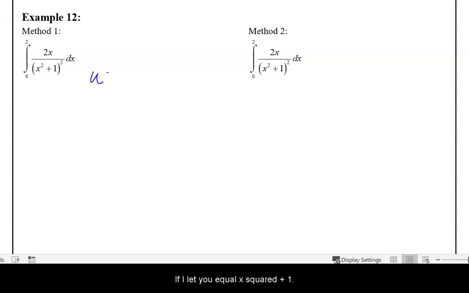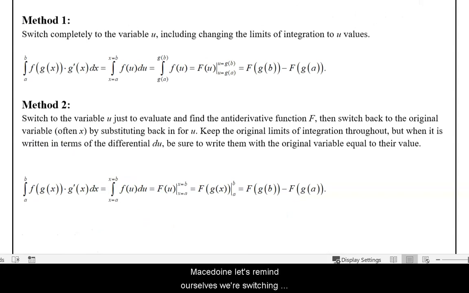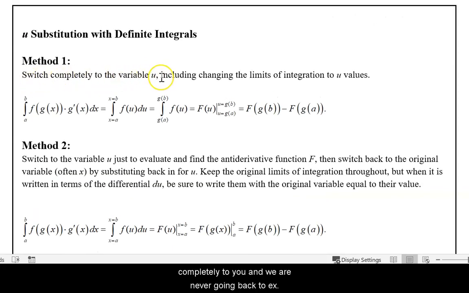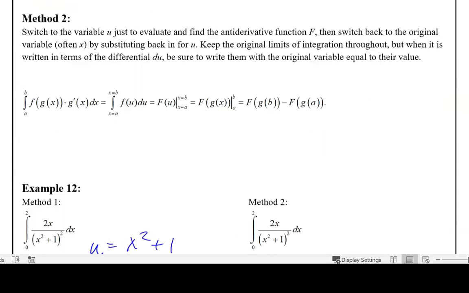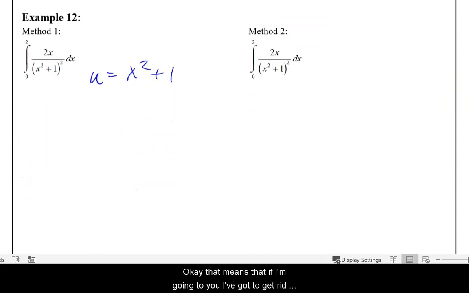If I let u equal x squared plus 1, in method 1, let's remind ourselves, we're switching completely to u, and we are never going back to x. That means that if I'm going to u, I've got to get rid of these limits of integration because they're x values. I know that because the differential is dx.